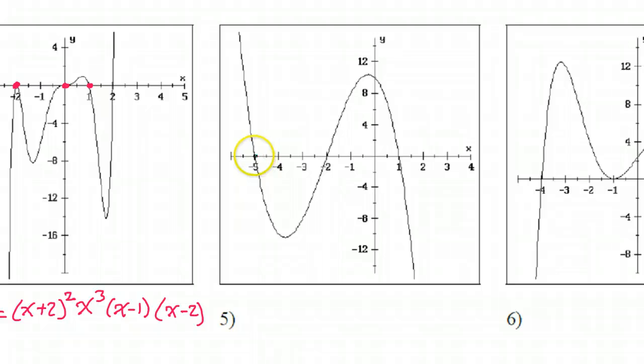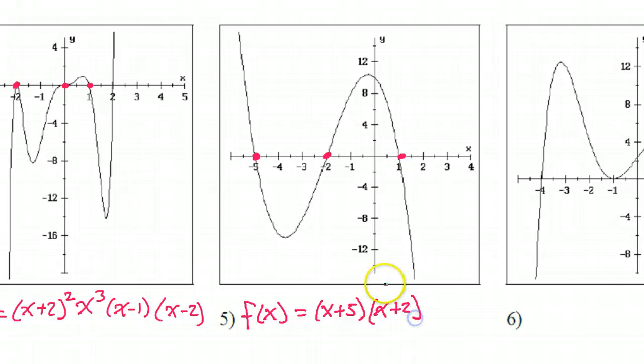Number 5. I have zeros here, here, and here. So what do we got? Negative 5, so that is x plus 5. That is straight through, so that's a single. Negative 2, so that's x plus 2. Straight through is another single.